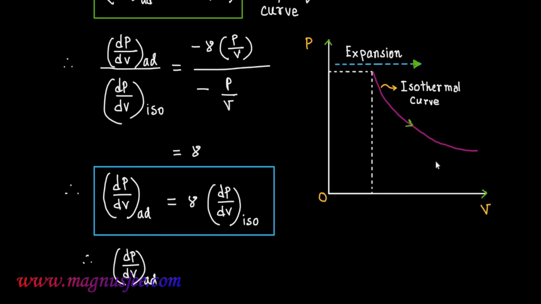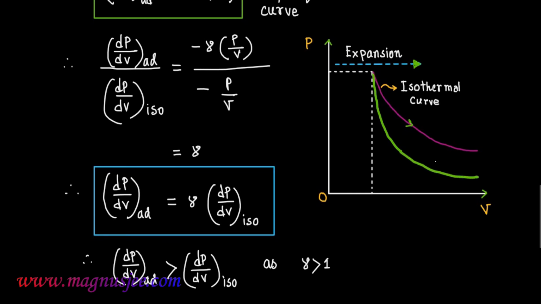Therefore the magnitude of (dP/dV) ad is greater than that of (dP/dV) iso, as gamma is greater than 1. Gamma is the ratio of molar specific heat of an ideal gas at constant pressure and volume, and we are drawing the adiabatic curve, which is steeper.